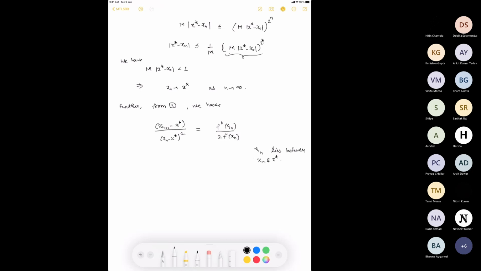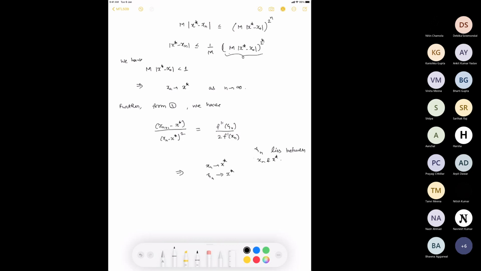So we know that x_n converges to x star, and xi is lying between x_n and x star. So what can we say about the sequence xi? Xi tends to x star. Right? So this sequence will also converge to x star.